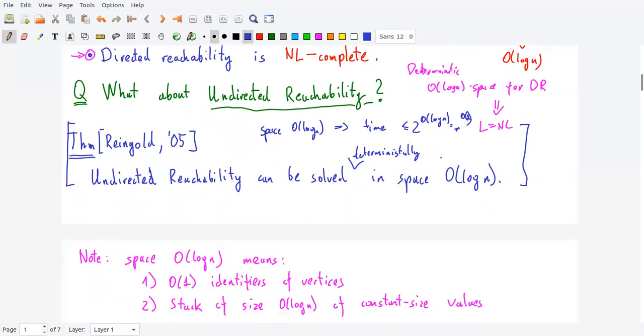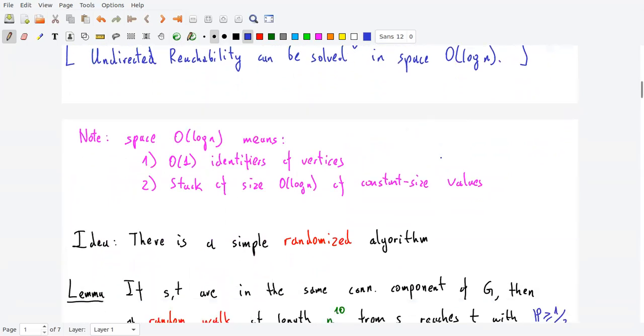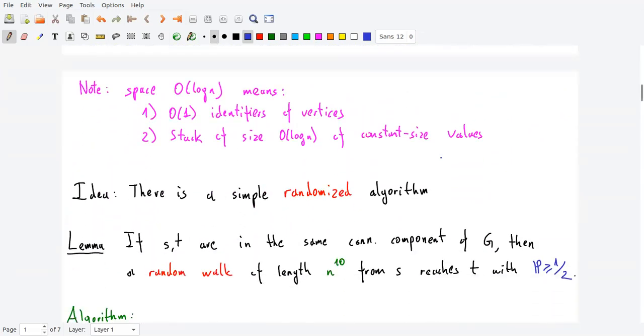Okay. If not, then let's move on to actually doing this. So first of all, let's think what actually means space of order log n. What can I store in logarithmic space? First of all, you need to realize that if you are measuring space in the number of bits, then storing one vertex of the graph takes a logarithmic number of bits, because there are n vertices.